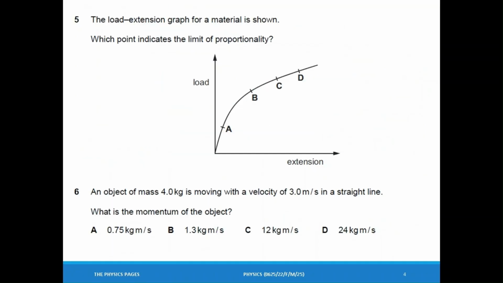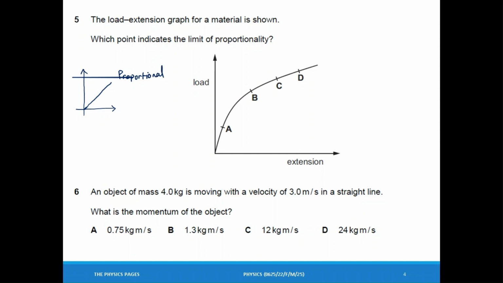Here is an interesting question about the load and extension graph. Which point indicates the limit of proportionality? First of all, a very simple thing that we need to understand. If we have a graph of two quantities, and the graph between these two quantities is a straight line like this, we call it proportional. When it is a proportional line, it shows that horizontal and vertical are changing simultaneously.